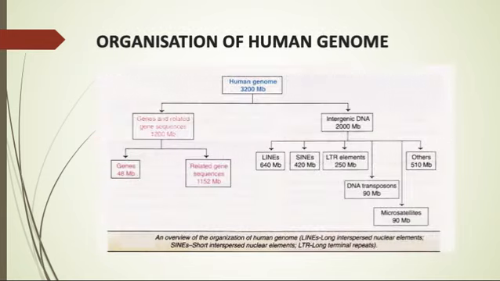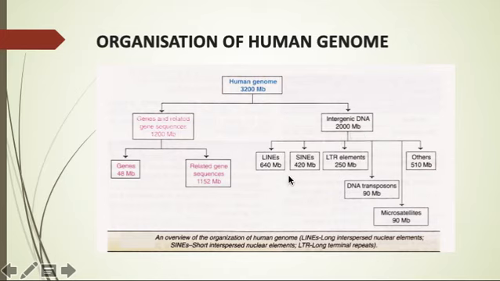So in the next, you can see this is the human genome, that's around 3200 MB. The genes and the related gene sequences are around 1200 MB. The genes are 48 MB, and related gene sequences you have 1152 MB. The intergenic DNA contains about 2000 MB.